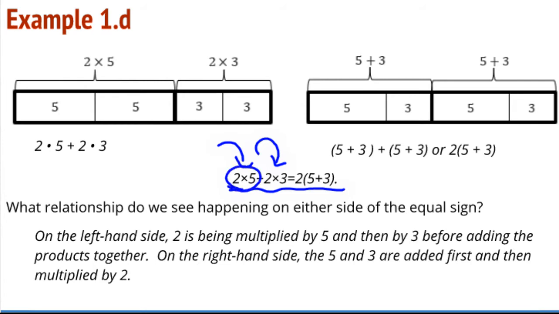So first we'll do the multiplication, and then we'll do the addition. On the right-hand side, with the parentheses, we're saying, hey, do the addition first, and then do the multiplication. So the only difference between these two expressions is what we do first, which of course ties to the order of operations.